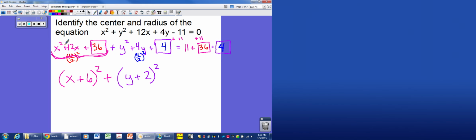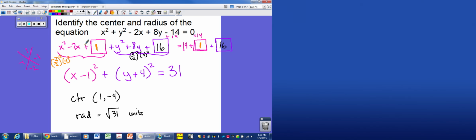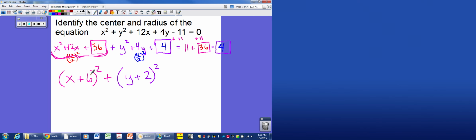It's also always going to be half of this term, by the way. So half of 12 is 6, half of 4 is 2. Back over here on this side, half of negative 2 is negative 1. Half of positive 8 is positive 4. If you can't think about the factors, they're always going to be half of this b term, whatever sign. If this is a plus, that's a plus. If this is a minus, that's a minus.